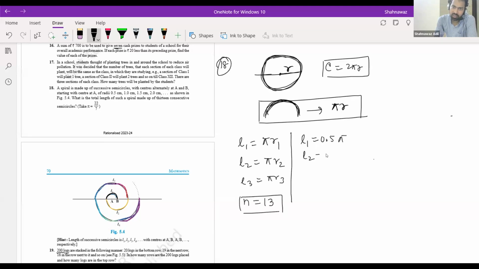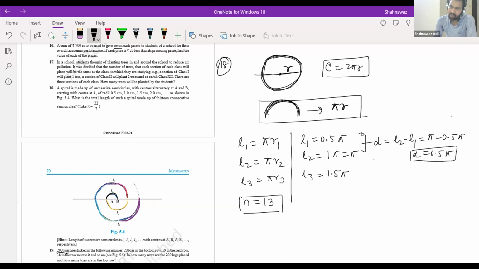L2 is 1 pi, which is pi. L3 is 1.5 pi. So what is the common difference? L2 minus L1. This is pi minus 0.5 pi, so 0.5 pi. This is D, and this is A.